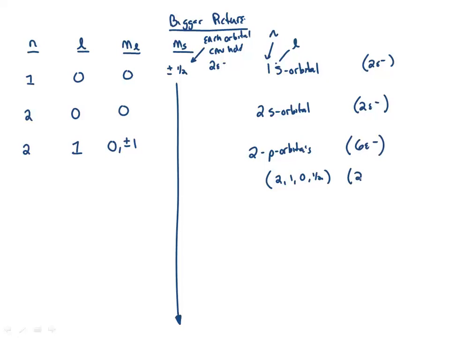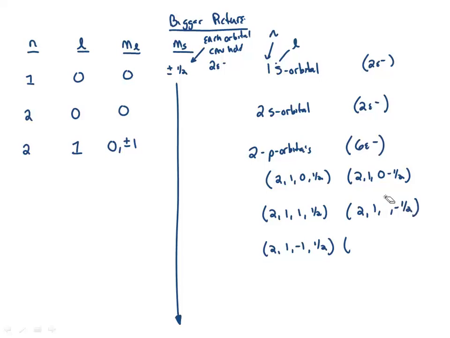I can have 2, 1, 0, minus a half. I can have 2, 1, 1, a half. Oops, I can have 2, 1, minus 1, a half. And then, of course, I can have the negative counterparts to that.